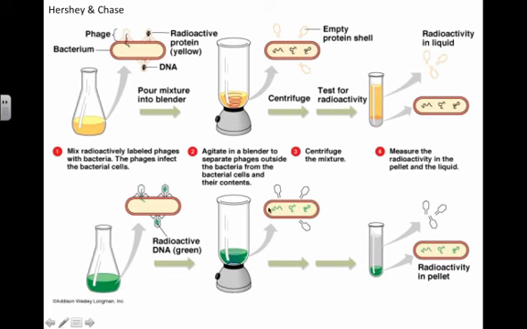If you radioactively label the DNA, the DNA winds up being radioactive, of course, and because the DNA goes into the cell, into the bacterium, the radioactivity winds up in the pellet where the cells are. So because the radioactivity is in the pellet, you know that the DNA went into the bacterium, and therefore it's the DNA that must be the thing that's transforming the bacteria from a normal bacterium into a virus production factory.